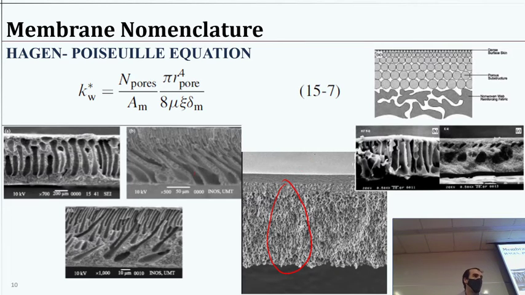Now, I might be wrong, and this might actually be the membrane itself and then a fouling layer on top of it. I guess that's possible, but from the looks of it, I would guess that this is a support layer, and then that's the separation layer.